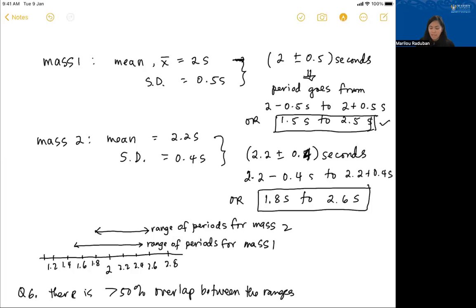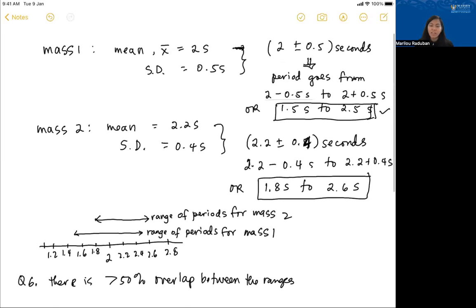You can say that more than 50% of the measurements in mass 1 overlap with the measurements in mass 2, for example. And therefore, because there's a large overlap, you can say that the periods for mass 1 and mass 2 are almost the same, and therefore mass does not affect the period. If there's a large overlap, you can conclude that the periods are essentially the same, and the variation in the periods is just an effect of the errors in your measurements.